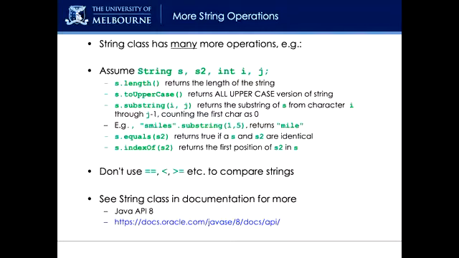toUpperCase, what do you suppose toUpperCase will do? It'll convert everything to uppercase, right? The substring does exactly what you might think. So it takes the first value i and the last value j and gives you a substring of that value. But, and this is the same in Python, so anyone who's done Python will feel familiar with what I'm about to say.